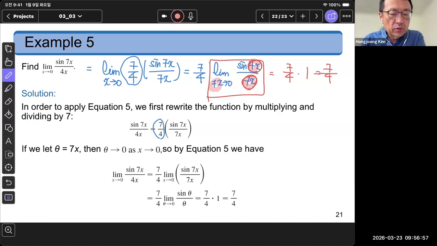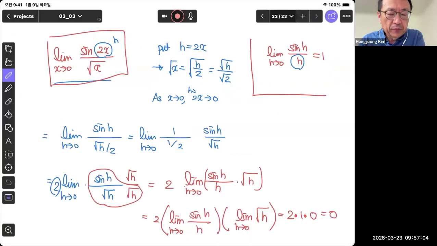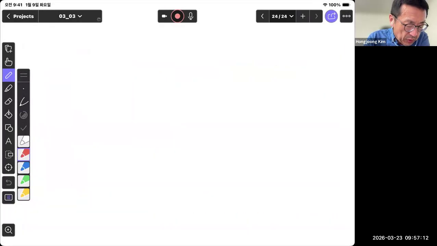So in that case, we get this formula. And if I have the limit of sine 2x over square root of x, we have a slightly different result.